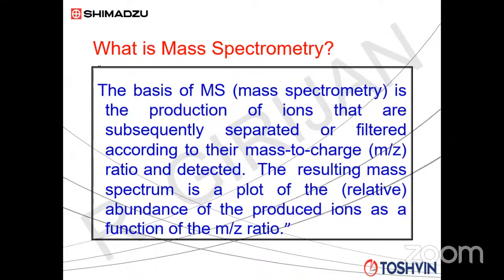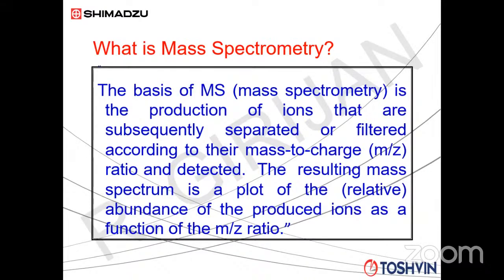I'll just make it very simple. The basis of mass spectrometry is the production of ions. That means the basic requirement for a sample to be analyzed by using a MS system, the sample has to undergo ionization. Whether it is GCMS or LCMS, it has to undergo ionization.